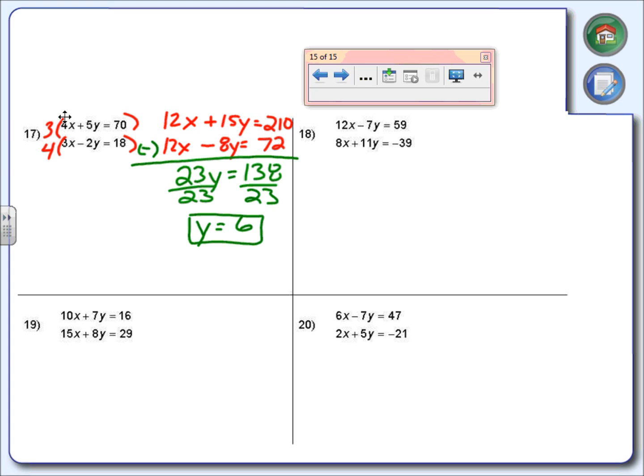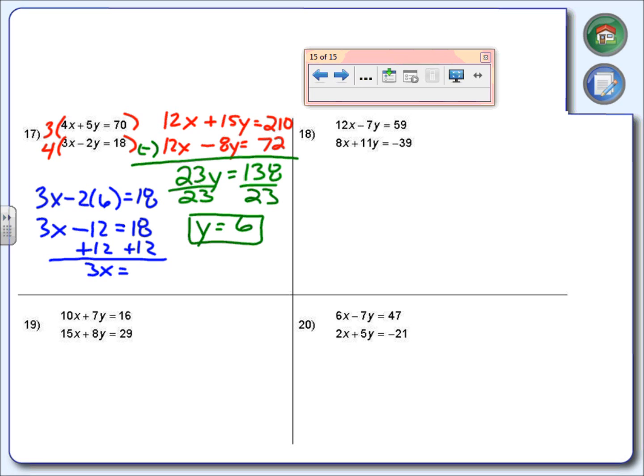Let's go ahead and take that 6 and plug it into one of the equations. I'm going to use the second equation. First thing I'm going to do is multiply. Negative 2 times 6 is a negative 12. Now I'm going to add 12 and 18. 18 plus 12 is going to give us 30.